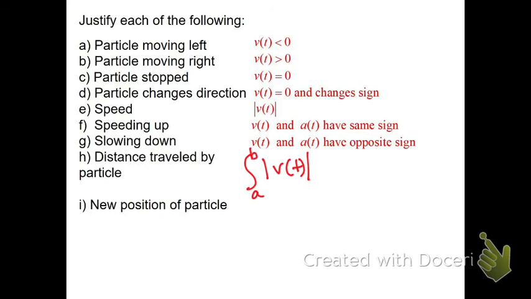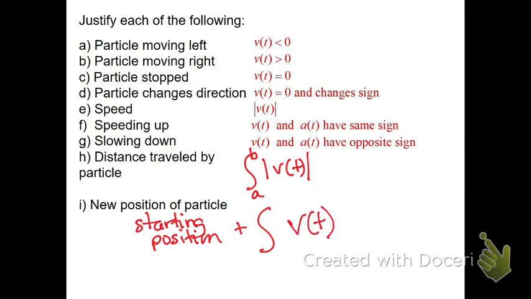Okay? Versus new position. If I ask where did it end up, what's the new position? It's your starting position plus the area under the graph. So that's the integral of velocity again.